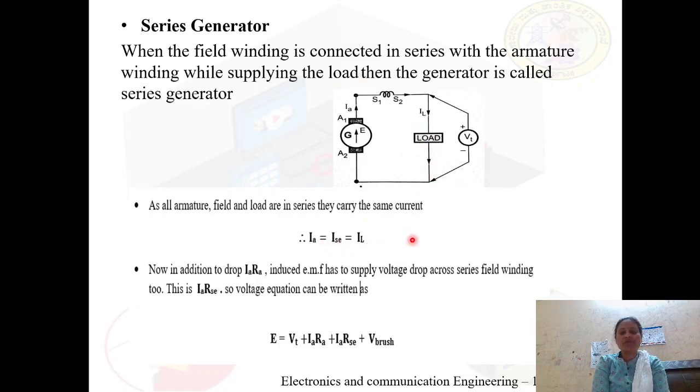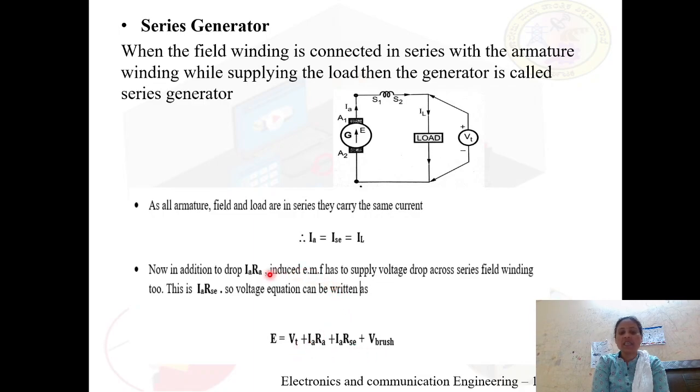Now let us see the expression for the EMF. Here, along with Vt plus IaRa, V brush and the armature reaction drop, we also need to consider the drop due to the field winding. Therefore, the expression for the EMF is equal to Vt plus IaRa plus Ise Rse plus V brush.